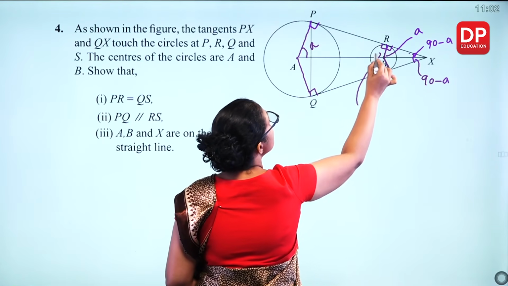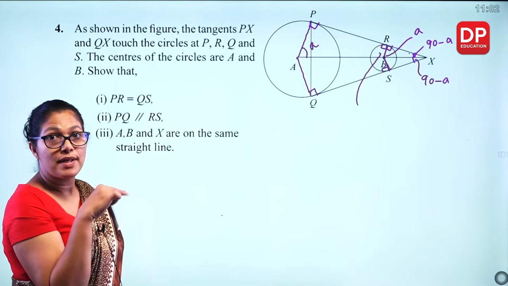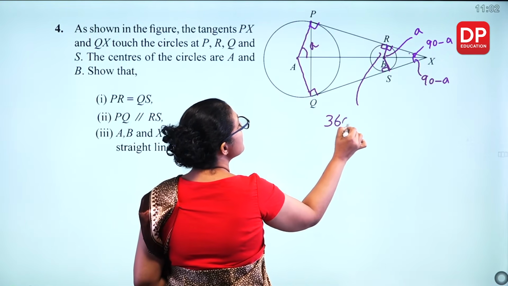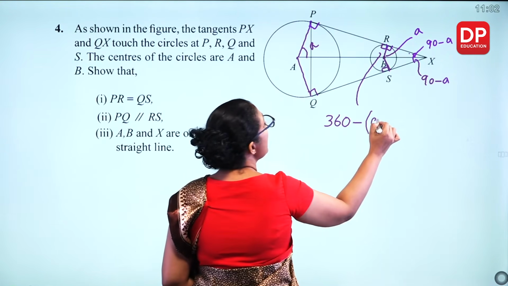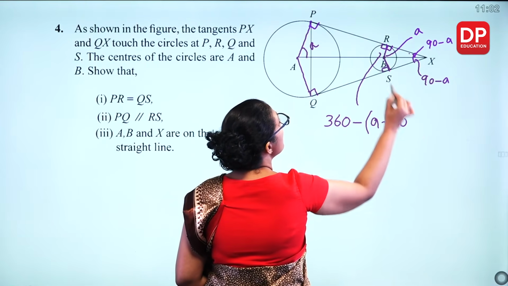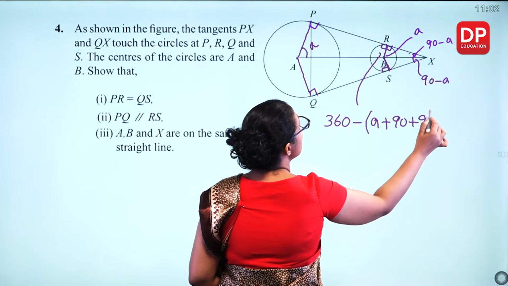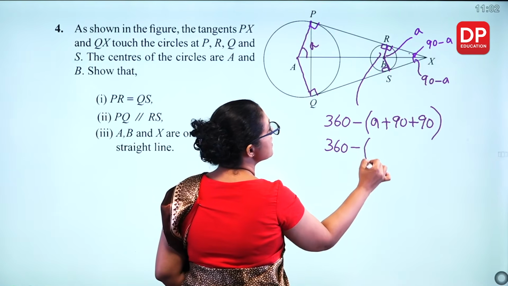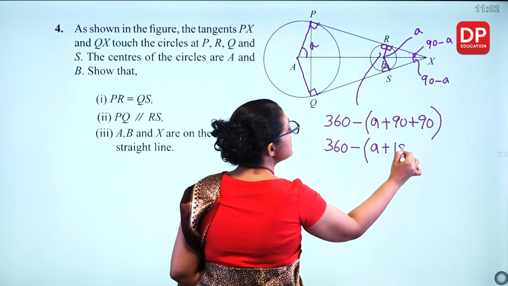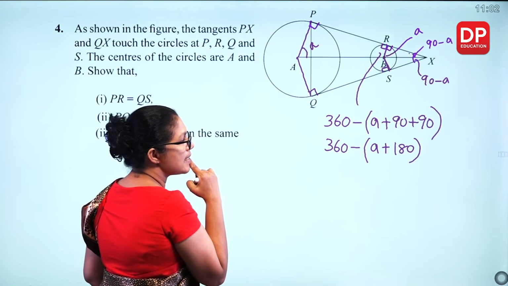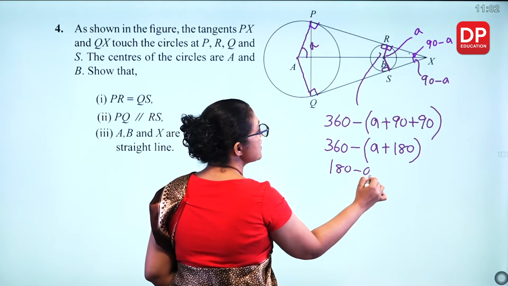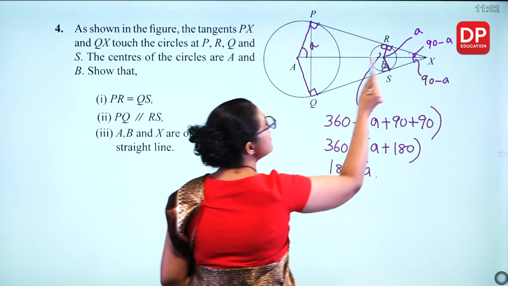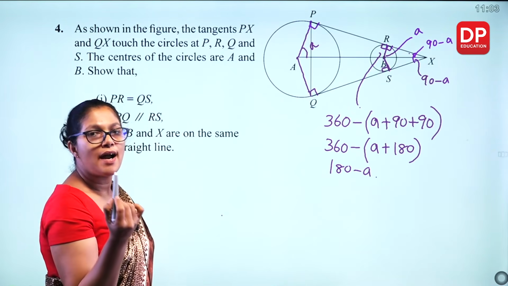So what's this one? So this is 90 degrees. We can find out this angle from the quadrilateral. So we'll find out from the quadrilateral: 360 minus (A plus 90 plus 90) is this angle. So 360 minus (A plus 180). So what's the angle? 360 minus 180, 180 minus A. So this angle is 180 minus A. This is A. When you add these two, what do you get? We get 180.